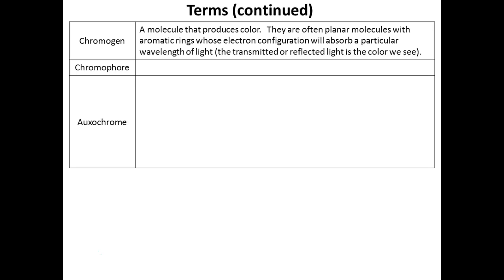Aromatic, right, they tend to be volatile, smelly. And light is going to affect them and produce a particular color, right? So when the light hits this molecule, it refracts and shows us a particular color. The chromophore is the region of the dye that gives it its particular color. So again, it's related to the chromogen, hence the chromo part of it.